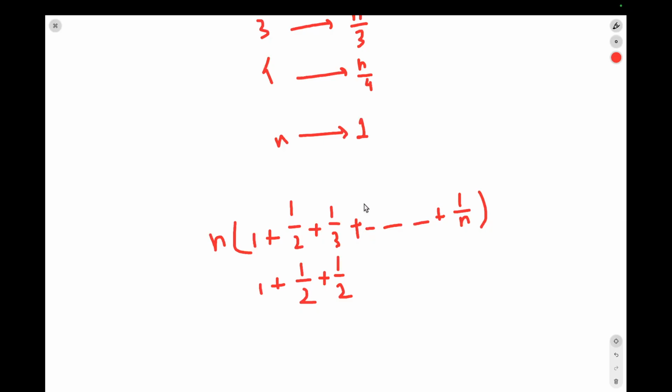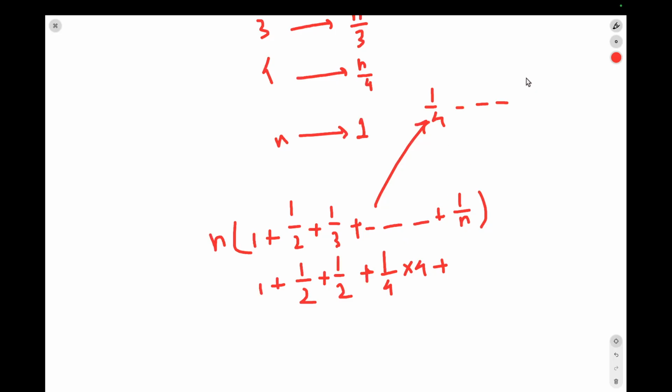Then you will find 1 by 4, 1 by 5, 1 by 6, 1 by 7; for every one of them we take 1 by 4, four times. So in total we get 1 by 4 into 4 times.